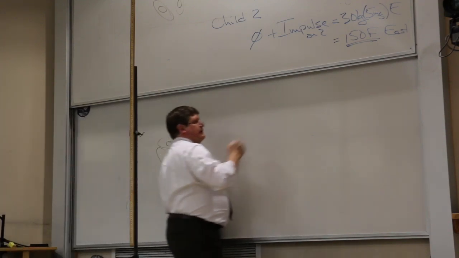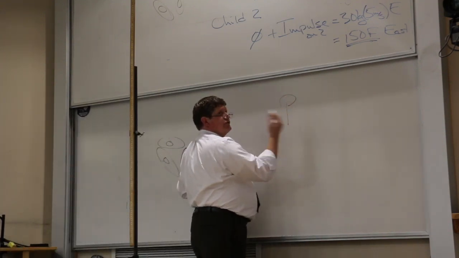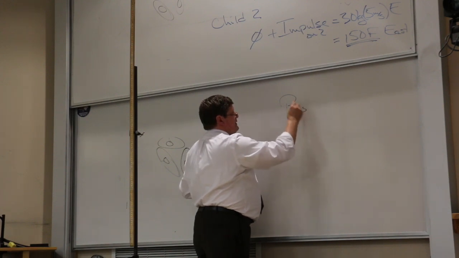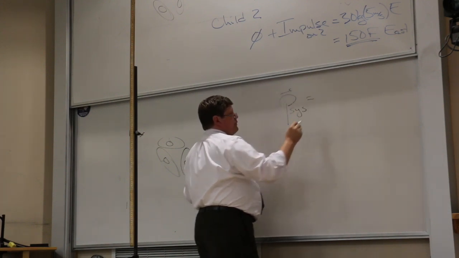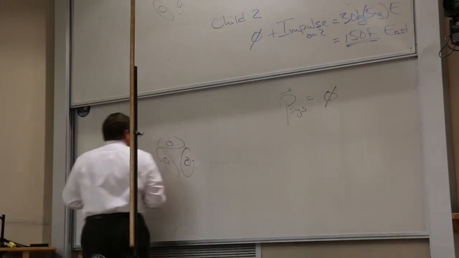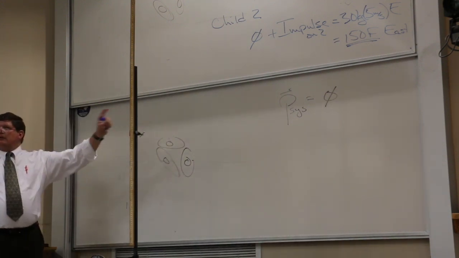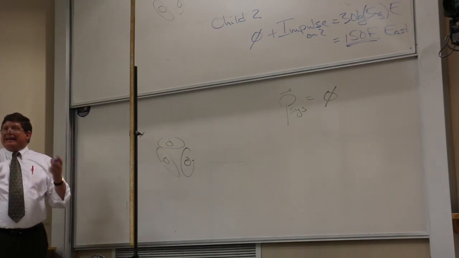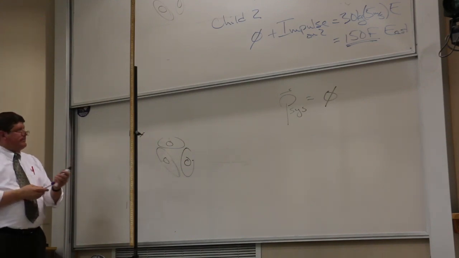Initially, the 3 children are just standing there. That gives me a momentum for the system of 0. That means that after the explosion, after they push apart, it still has to add up to 0.